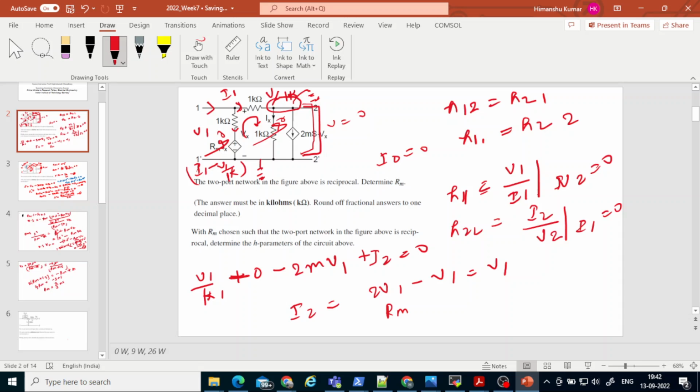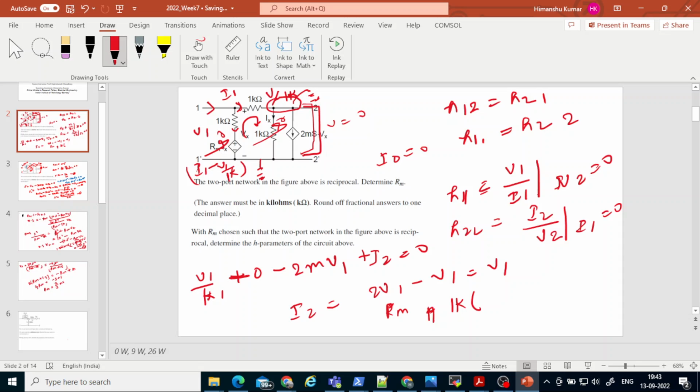Now the current in this is in this direction, so if we apply the KVL, it will be equal to 1k times the current.